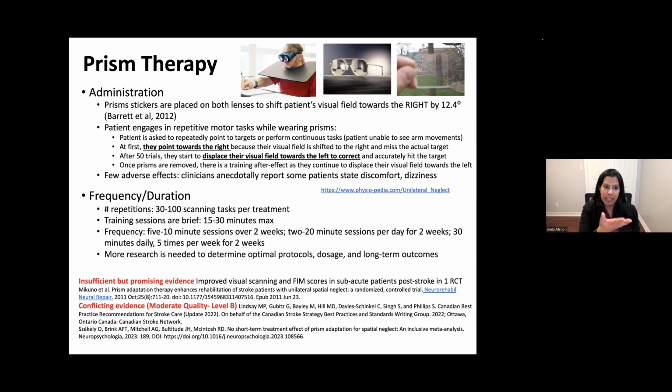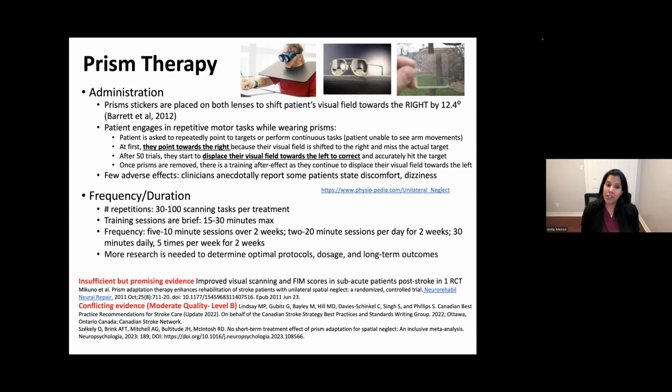Through practice, after 50 trials according to the study, they realize that they need to displace their visual field towards the left in order to correct. So they shift their motor movement to correct what they're seeing with those goggles, and then they actually end up touching the target.